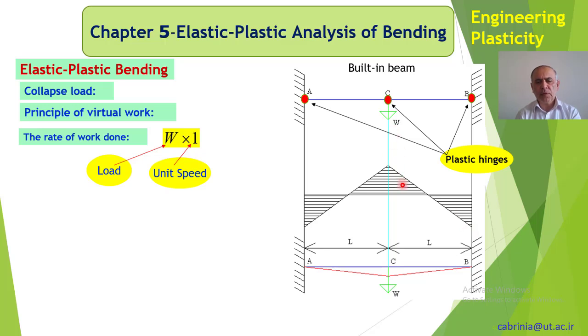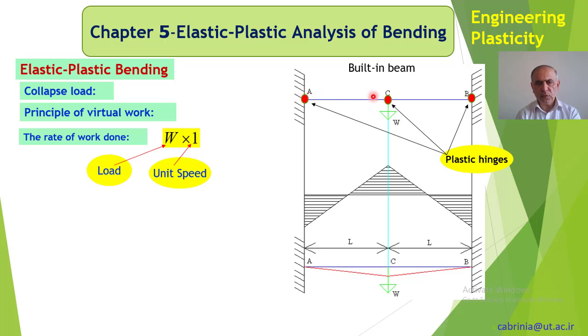So, for instance, this point here has less moment applied at it than this point. So if we increase W, the first points that reach the plastic moment are this point, and that point, and that point. No other points reach their maximum.